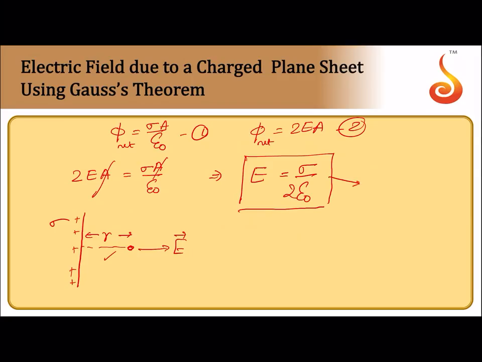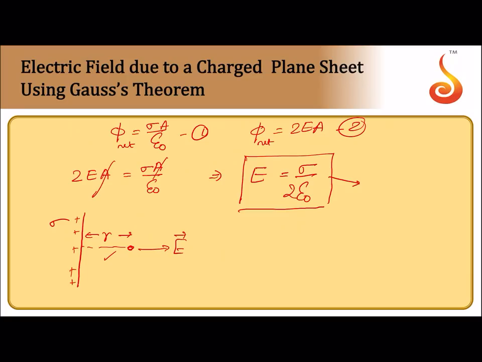There is no r term in this equation. What does that mean? It means that the electric field has the same value at all the points near a large sheet of charge. I repeat this statement one more time.